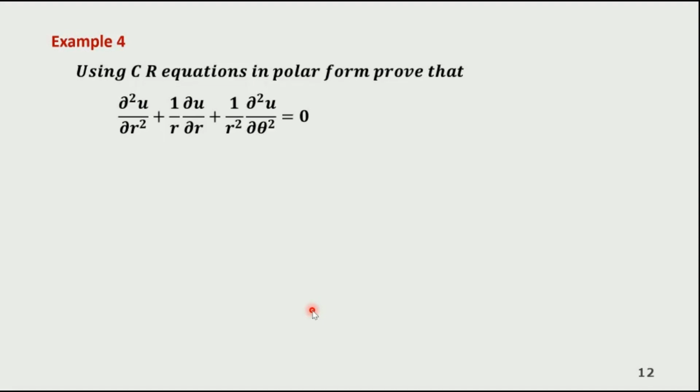Using CR equations in polar form, prove that dou square u by dou r square plus 1 by r dou u by dou r plus 1 by r square dou square u by dou theta square is equal to 0. This is a very frequently repeated question. Show the previous slide.